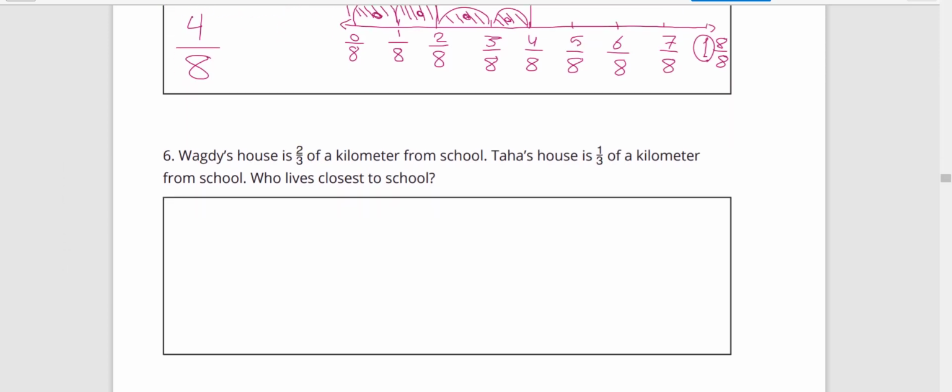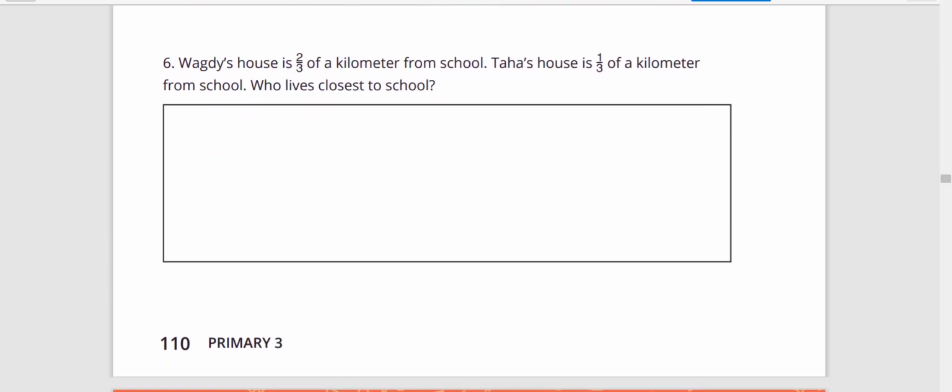Number 6. Wagdi's house is 2/3 of a kilometer from school. Taha's house is one third of a kilometer from school. Who lives closer to school? First, draw a number line.